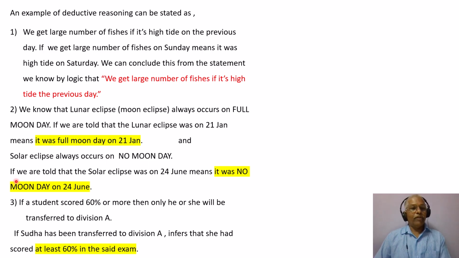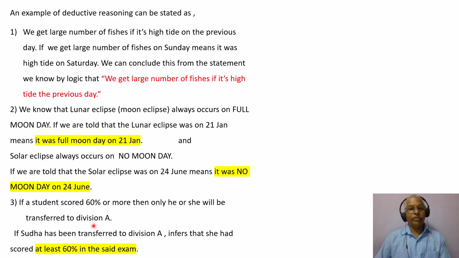If we are told that solar eclipse was on 24th June, it means it was no moon day on that 24th June. So we are using logic. This use of logic is called deductive reasoning.